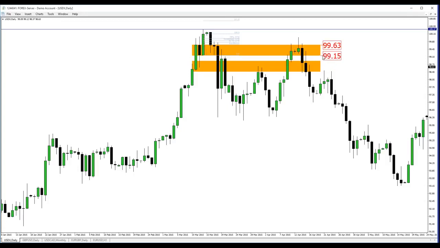Okay, so now we have a range of 99.63 and 99.15. Now, it may be a little bit off that, but right now it's going to accomplish the method nonetheless.